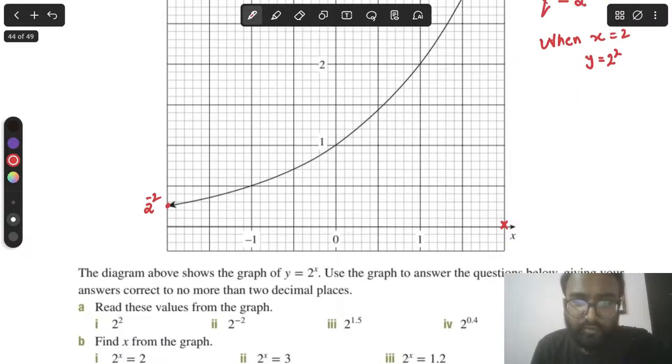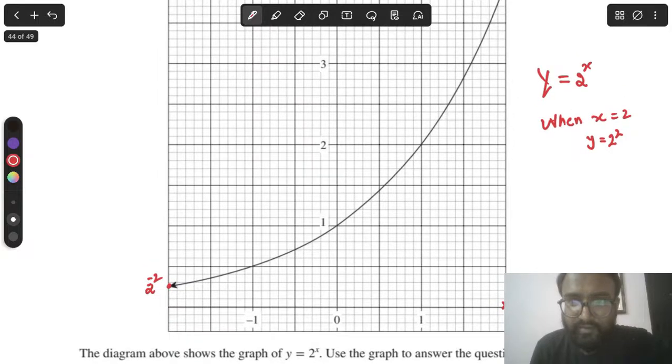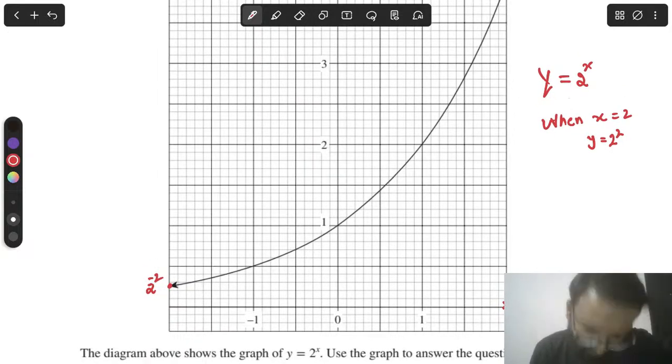And what about 2 power 1.5? Where is 2 power 1.5? When x equals 1.5, this is 1, this is 2, and 1.5 is here.